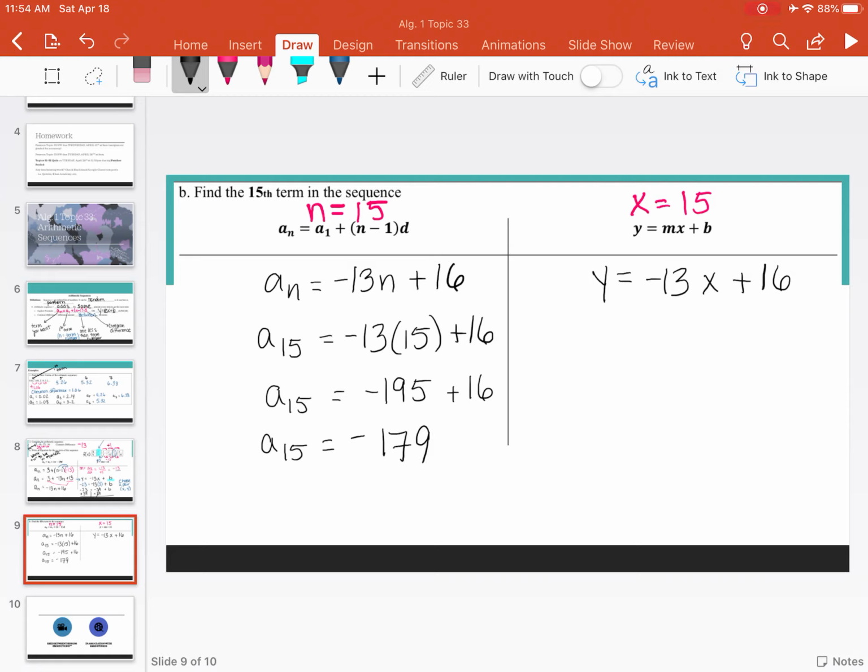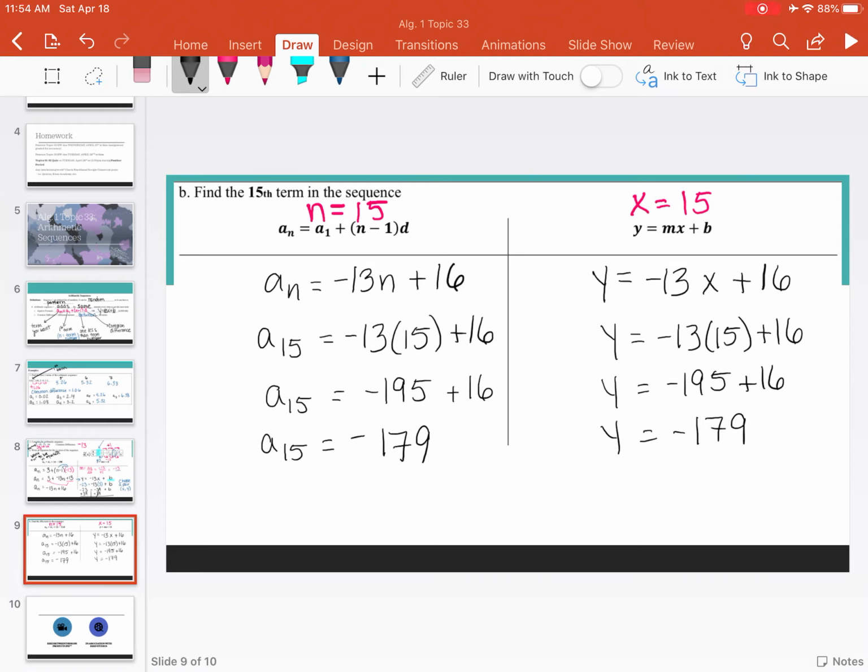Now let's check with the slope-intercept form of the equation. y equals negative 13 times 15 plus 16. We get y equals negative 195 plus 16, and y equals negative 179. So hey, it's the exact same thing.